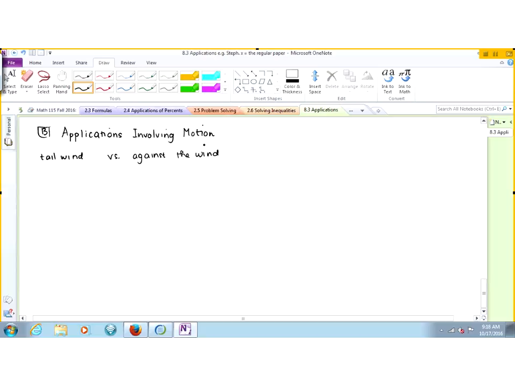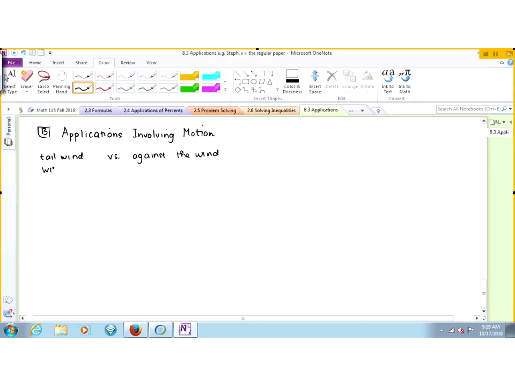Which one's faster? Tailwind. Why is tailwind faster? Yeah, it goes with it. So the speed is added to the speed of the wind, right? How about against the wind? Slower, because the speed of the wind impedes the velocity.